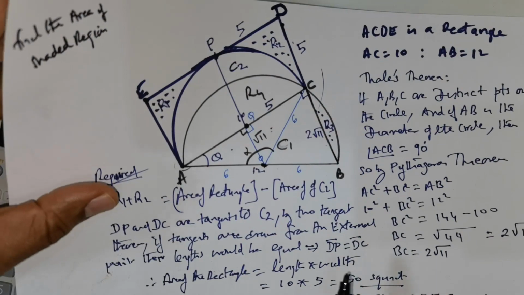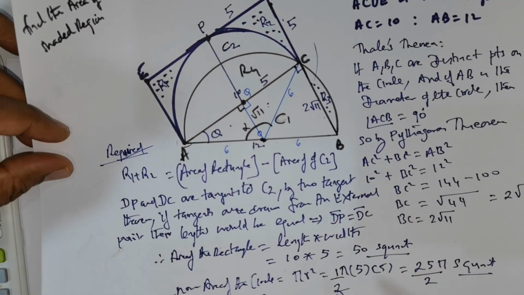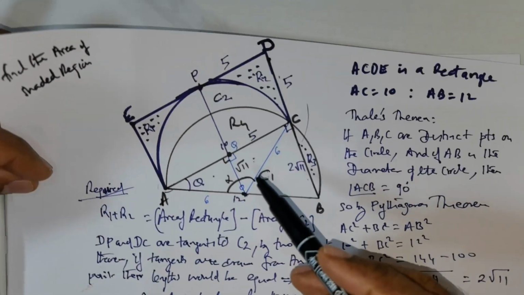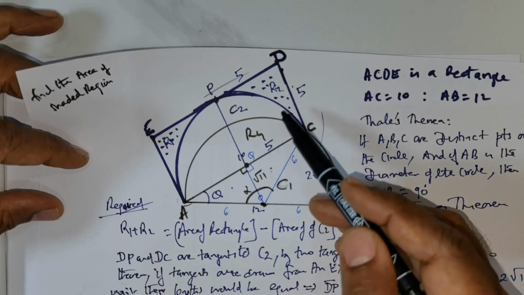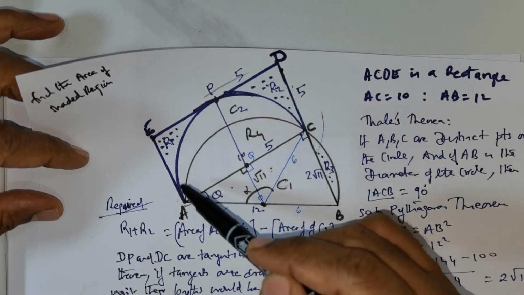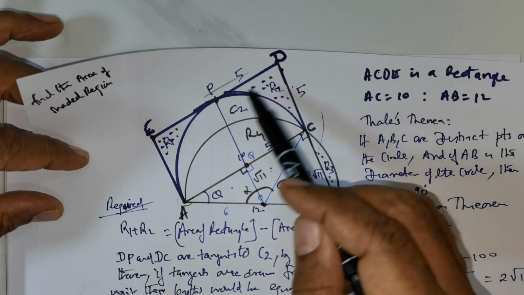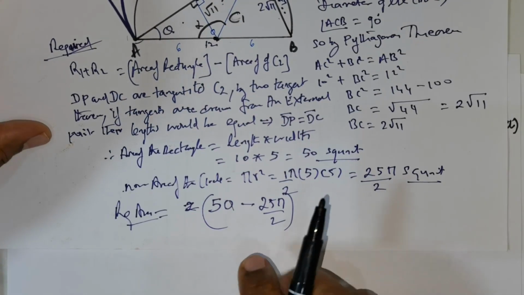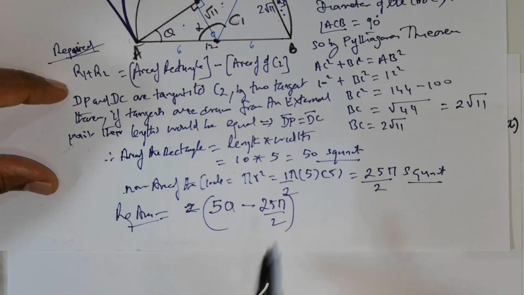So now we have got this region. This region is obtained from the rectangle. From the rectangle I take away the area of this semicircle, and I get these two regions. So that is 15 negative 25 pi over 2, right?